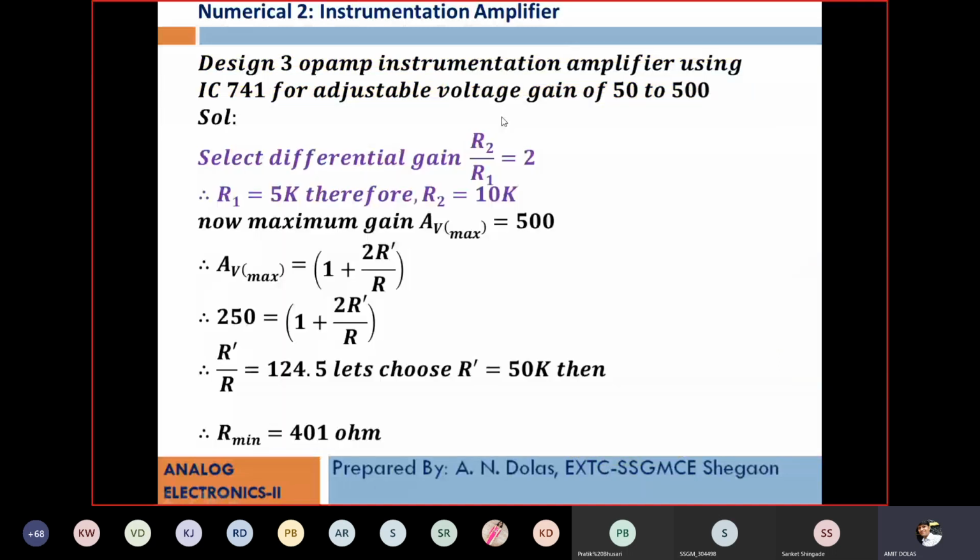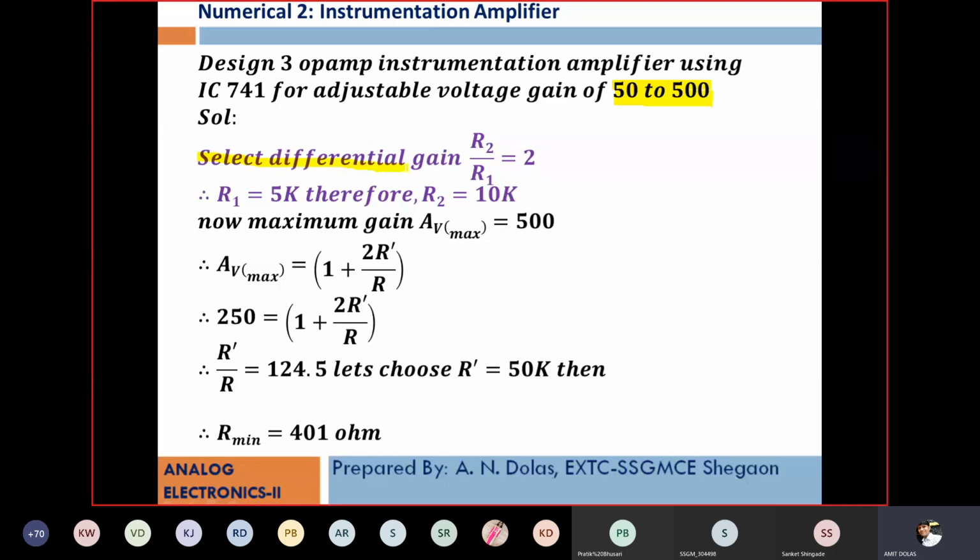Our aim is just to design the 3 op-amp instrumentation amplifier for adjustable gain from 50 to 500. It is not a complete circuit, we just have to set the gain. Therefore, this type of question asks for 7 to 8 marks only.